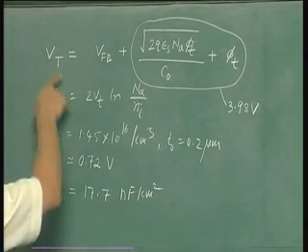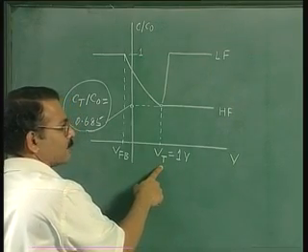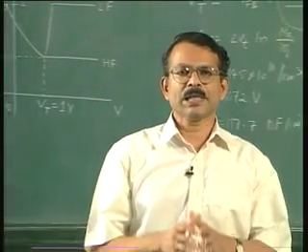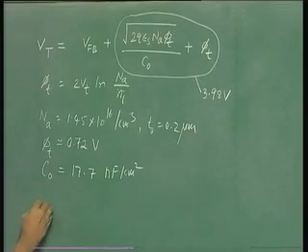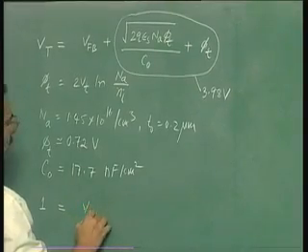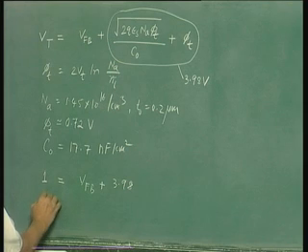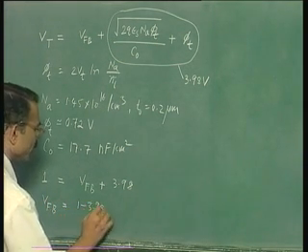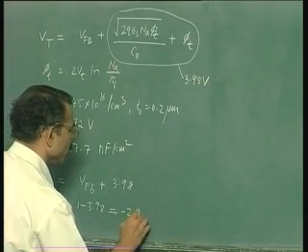So now we want to explain why the threshold voltage is 1 volt. That is what is the value on our experimental curve. So clearly this is because of the presence of the flat band voltage, okay. So we have the relation 1 volt is equal to flat band voltage plus 3.98, from where we obtain flat band voltage is equal to 1 minus 3.98, which is minus 2.98 volts.